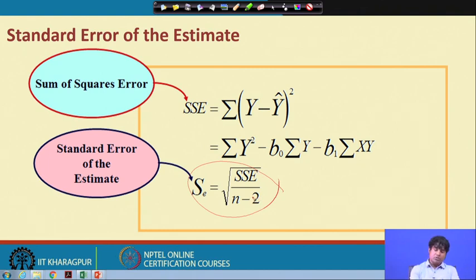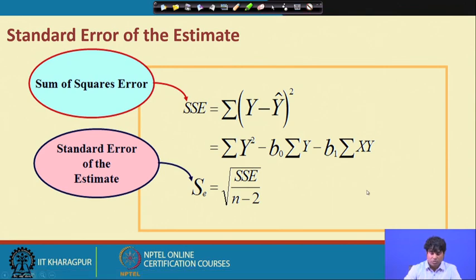For the three variable case it will be n minus 3, and for the generalization case it will be divided by n minus k. So ultimately this is the kind of structure, and then we have to see how we can obtain this.